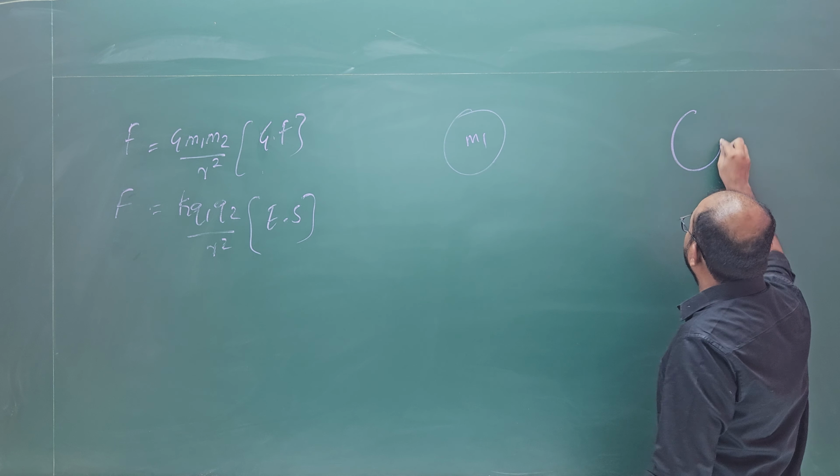N1 tries to push this object in this direction. That means this is the direction of normal exerted by N1 on N2. Similarly, body 2 tries to repel this body in this direction, with equal amount of force. So, N1 is also equal to N2.